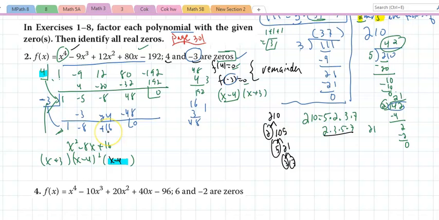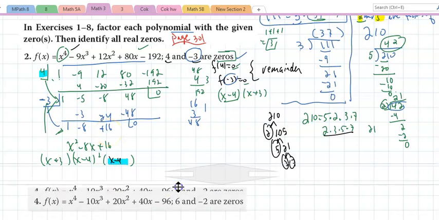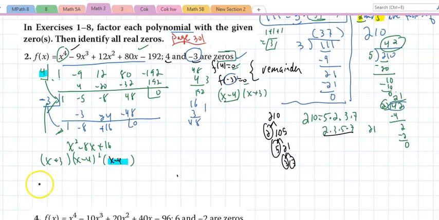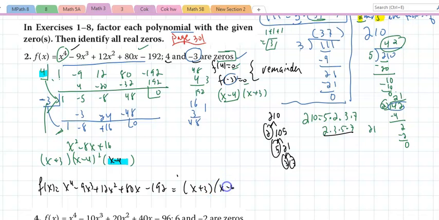So this is saying f of x equal x to the 4th minus 9x cubed plus 12x squared plus 80x minus 192 is actually x plus 3 times x minus 4 to the 3rd.